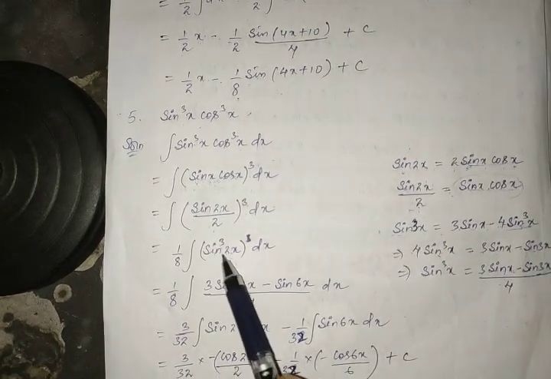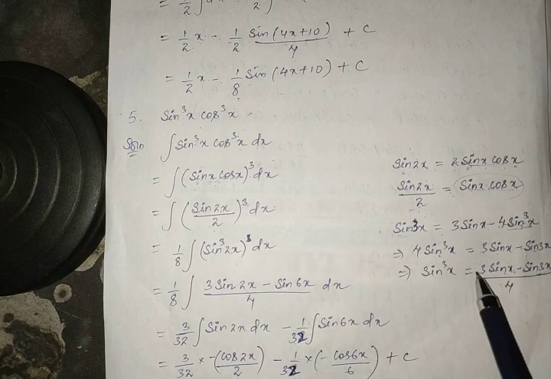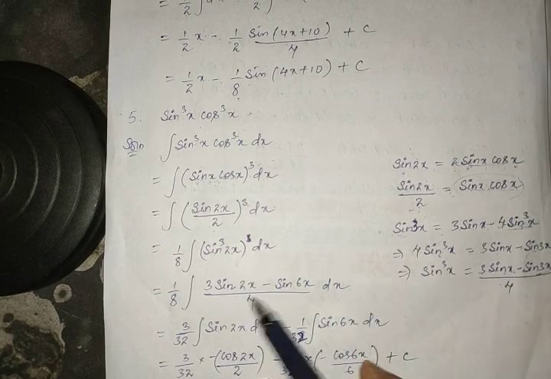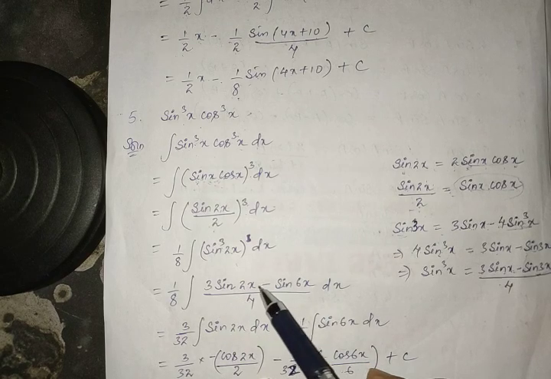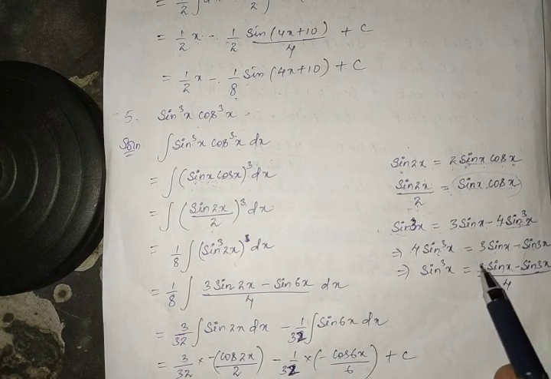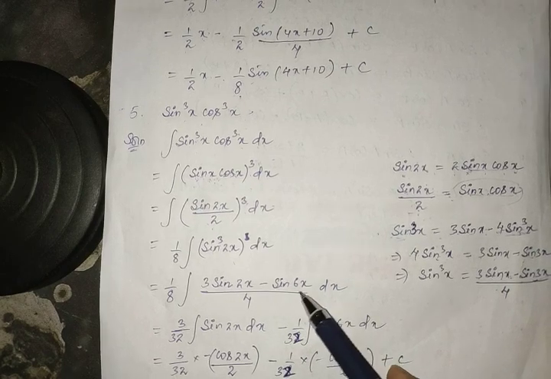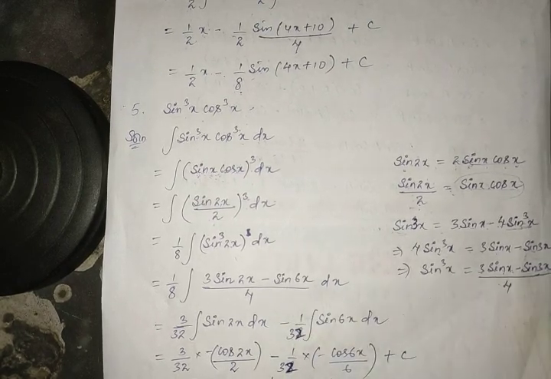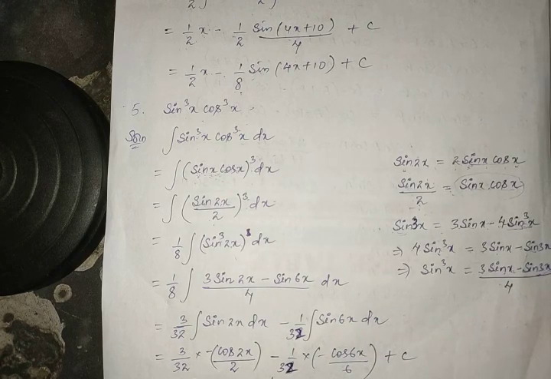In place of sine cube x we'll write (3 sine x minus sine 3x) by 4, and remember our x is 2x, right? So in place of x we have to write 2x, so that is 3 sine 2x minus sine 6x. Why 6x? Because here we have 3x, and what is x? 2x, right? So 3 into 2x will be 6x.